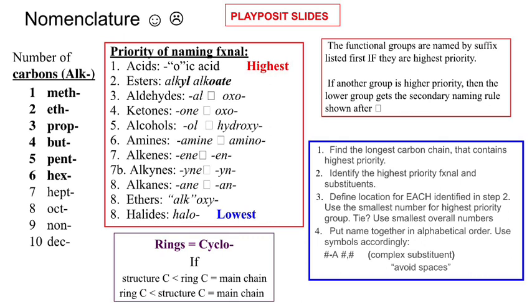It's lowest number with the highest priority functional group. Then you number it out. Once you've done that, you now know where all your individual pieces are. You know what the names of those pieces are. Officially, your last part is to put all of those pieces together, according to alphabetical order and so on. Kind of, sort of?